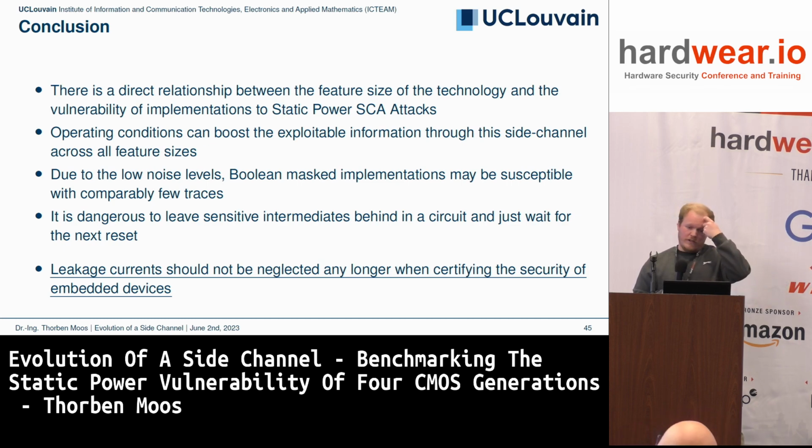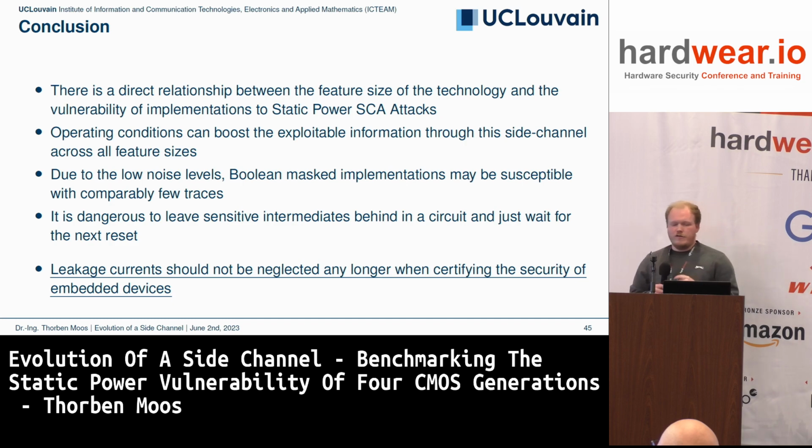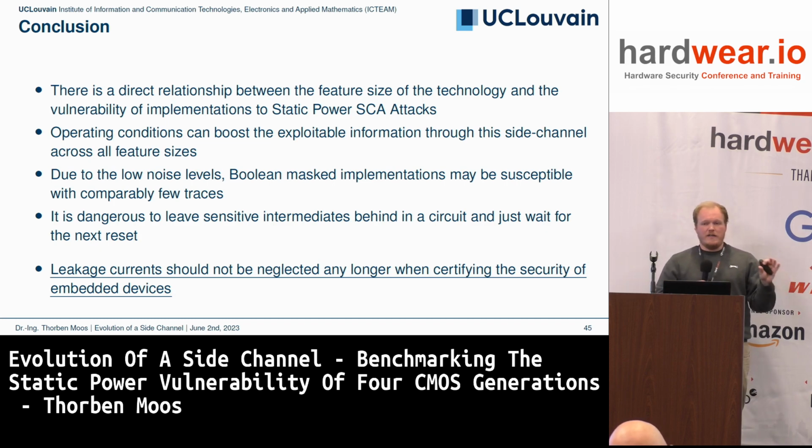Due to the low noise levels, you have some problem with Boolean masked implementations, so you either need to move to some more resistant masking scheme, or you need to generate noise somehow with shuffling, for example, in addition to Boolean masking. And generally, I would say it's just dangerous to leave sensitive intermediates behind in a circuit.